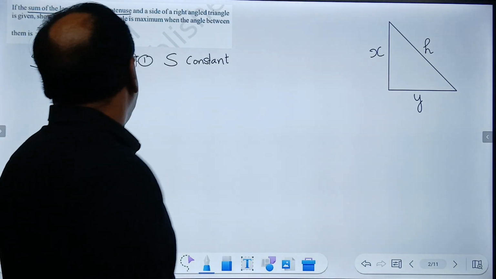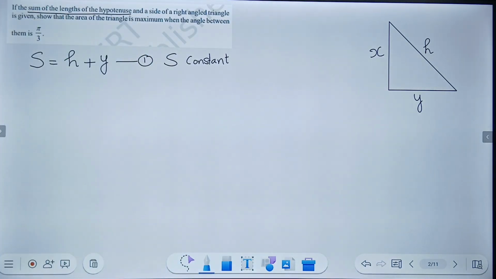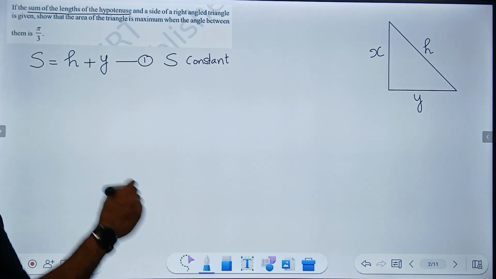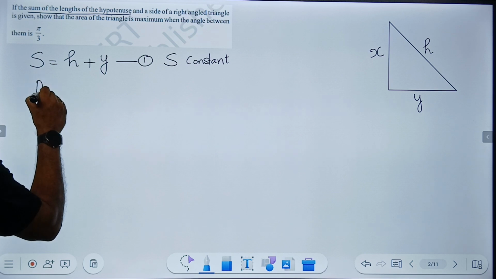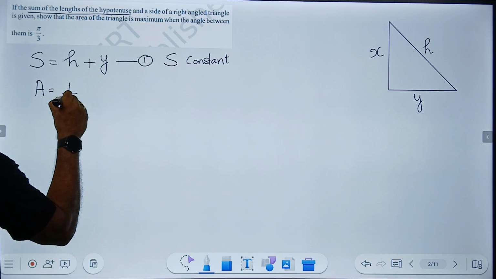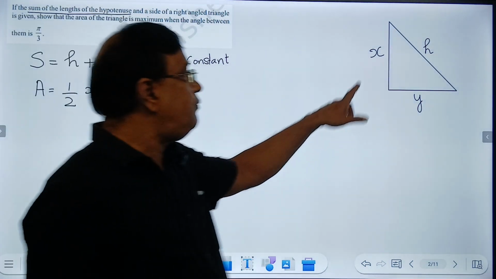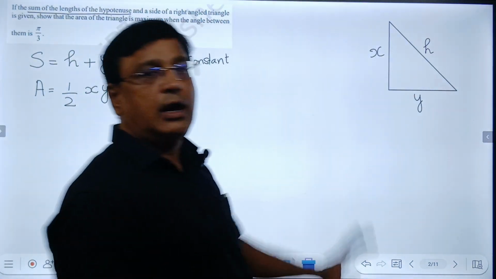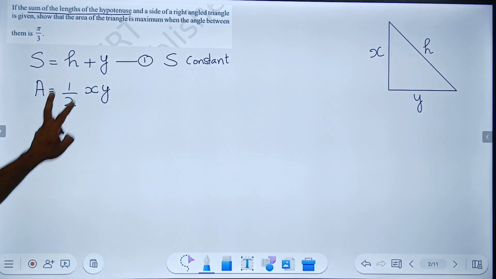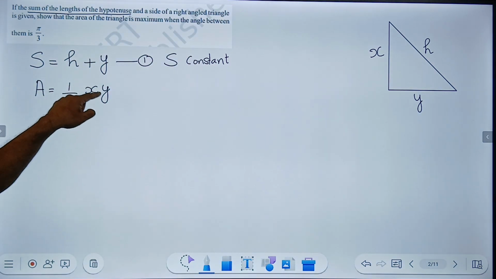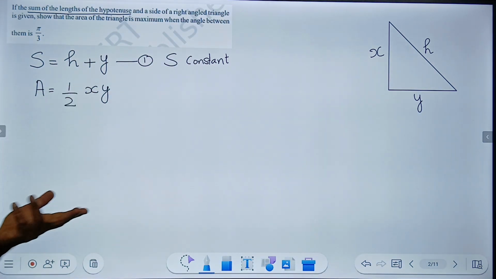Now what should I do? I should maximize the area of the triangle. What is the area of a triangle formula? Area of a triangle is half base into height, half X, Y. Now there are two variables, X and Y. I have to change it to a single variable.